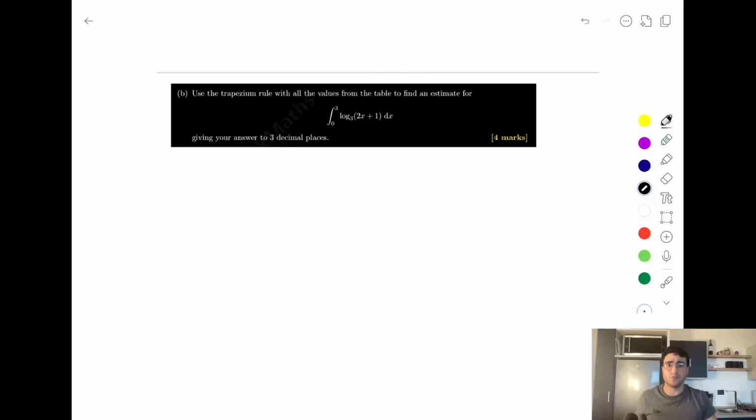So first off, what is the trapezium rule? Well, the trapezium rule, as you remember, is basically another way to find the integral. I did applied maths in university, so I did this a lot.